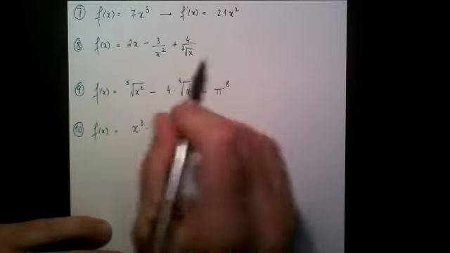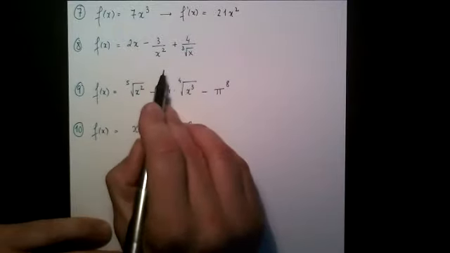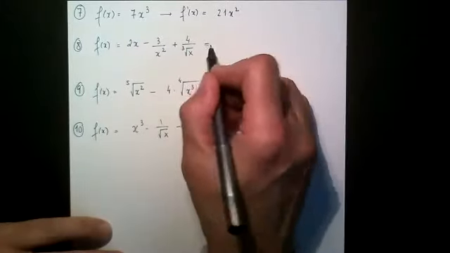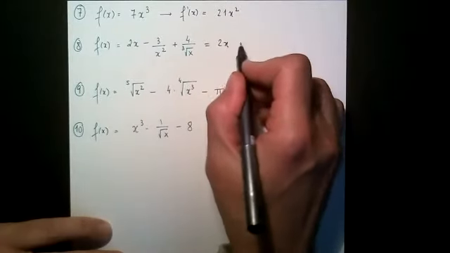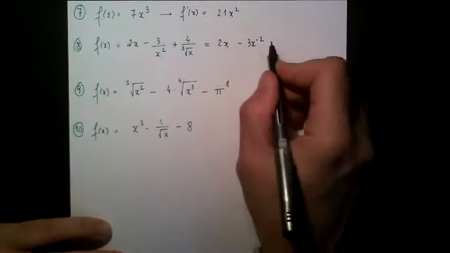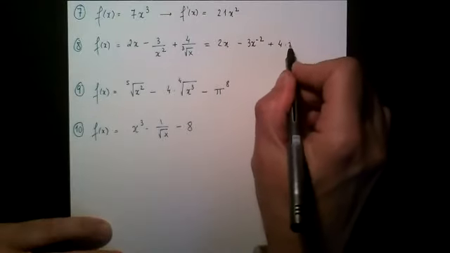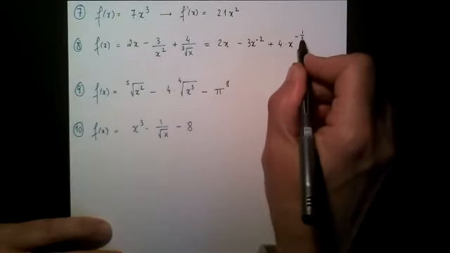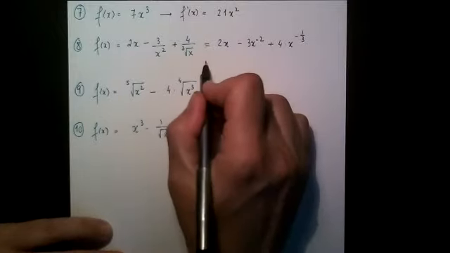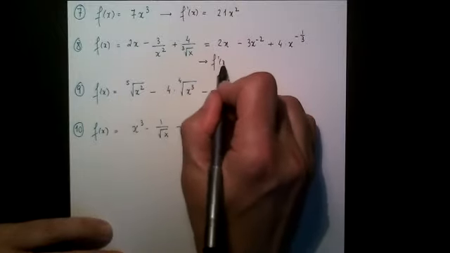Second, okay, so the second one, before starting to find the derivative, I'm going to write everything in exponential form. So 2x minus 3 times x to the minus 2 plus 4 times x to the minus 1/3. Now I could derive it easily using my power rule.